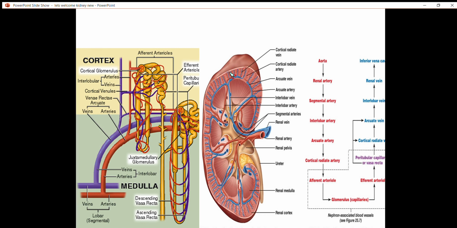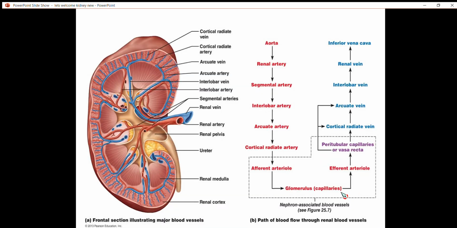These arcuate arteries are dividing into spring-like branches, which are known as the cortical radiate arteries. Here you have the cortical radiate arteries, and then ultimately they divide to form the afferent arteriole, and they enter into the glomerulus. We drain the blood into the glomerulus. From the glomerulus, the blood will drain into the efferent arteriole.